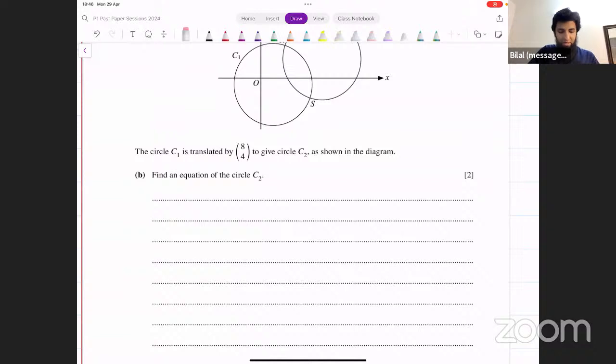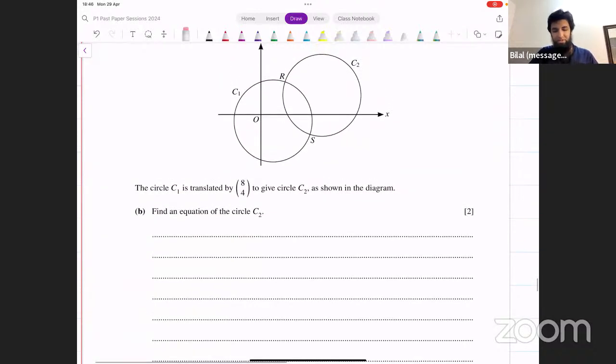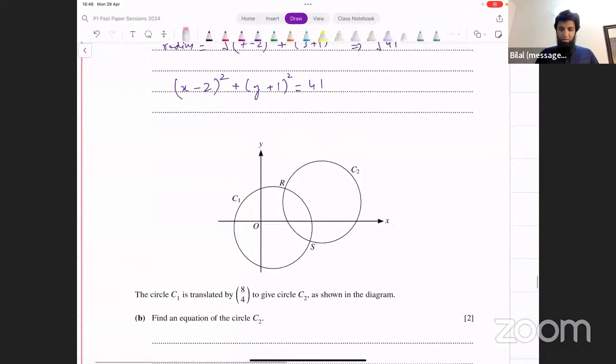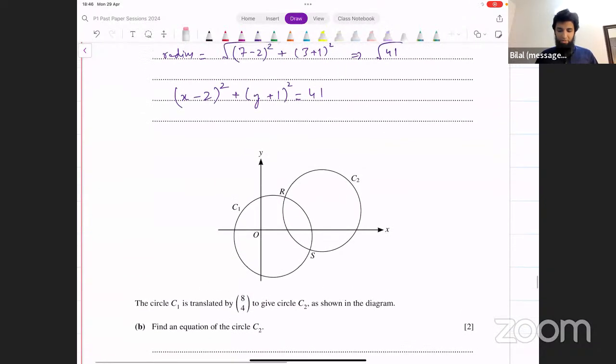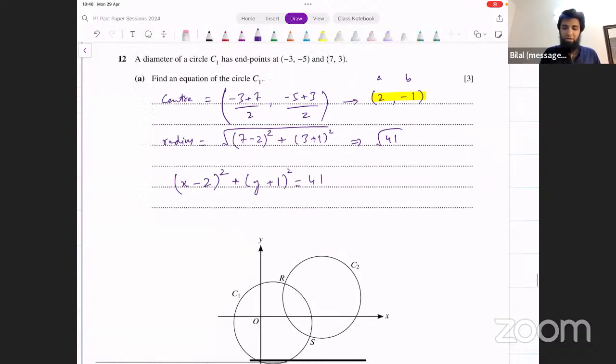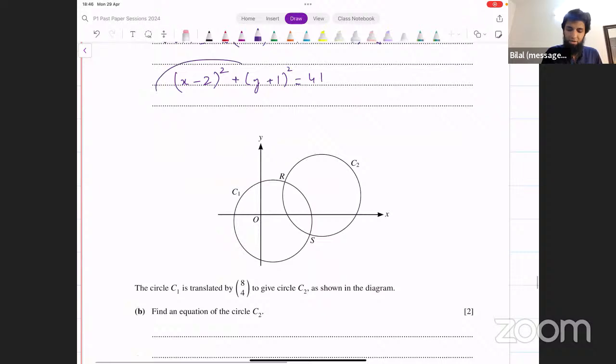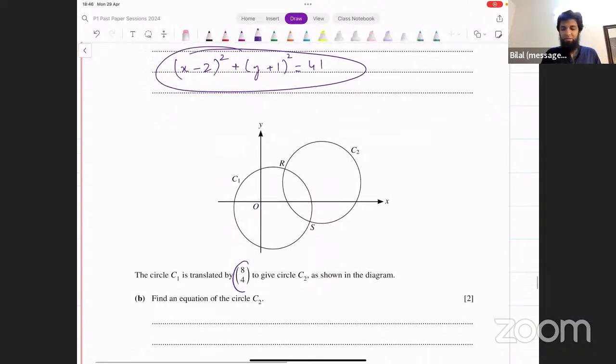The circle C1 is translated by 8,4 to give circle C2 as shown in the diagram. Find an equation of the circle C2. Okay, so how do we think about this now? We can think of it either through transformations, that we've got this equation, apply this transformation on that.